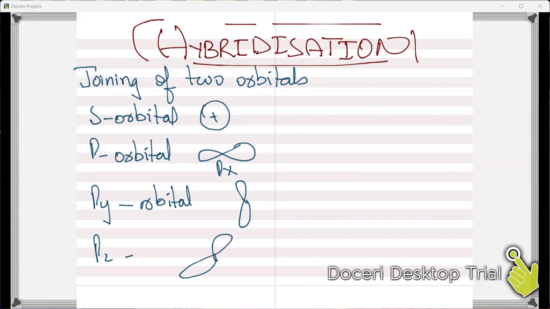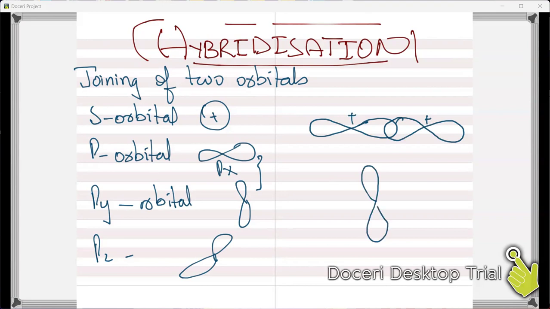Now, when we say joining of two orbitals, let's talk about two p orbitals joining together. These two orbitals are joining together like this. This is one of the ways that two p orbitals join. And this is another way these two p orbitals join.